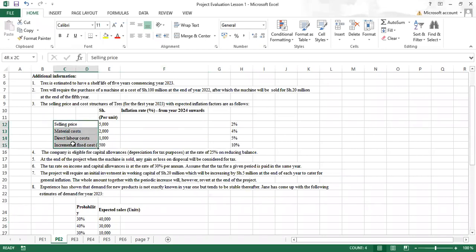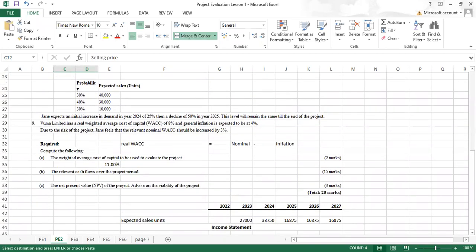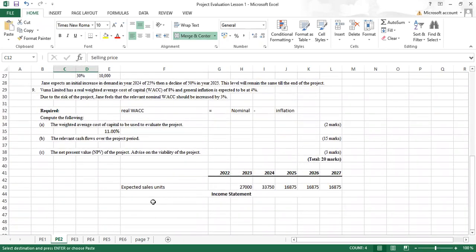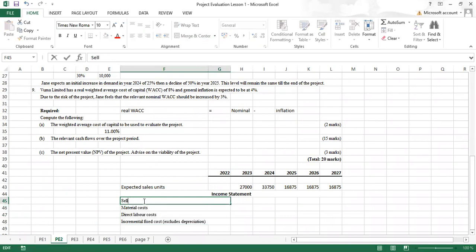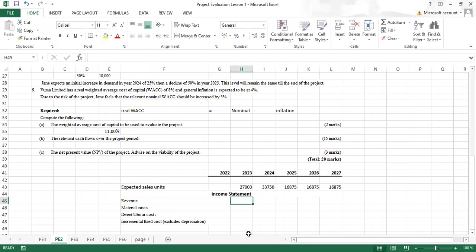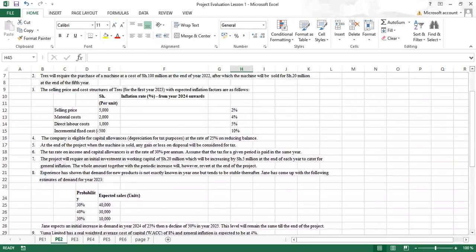We collect it, Control C to copy, then come and do Control V, then change this one to revenue.